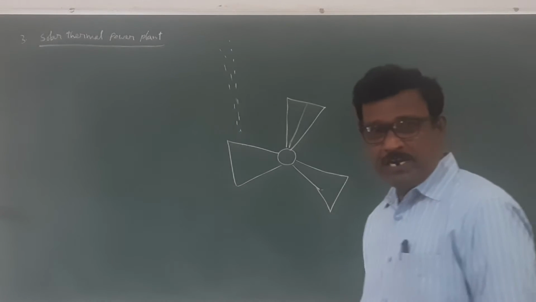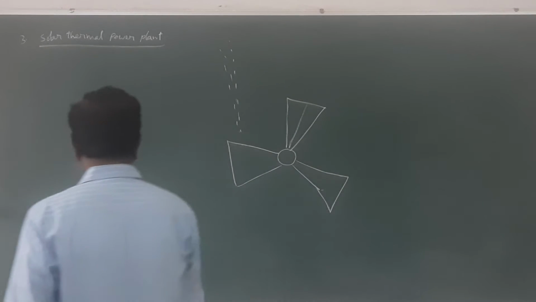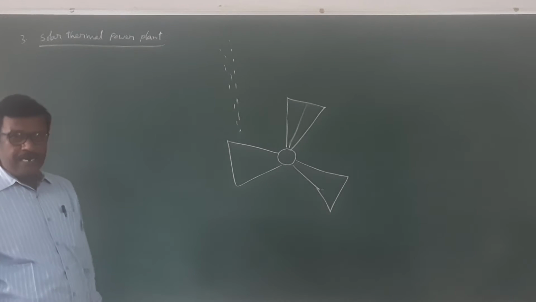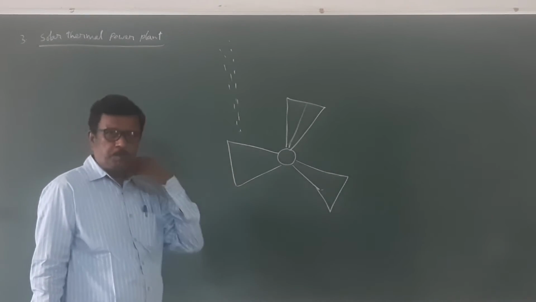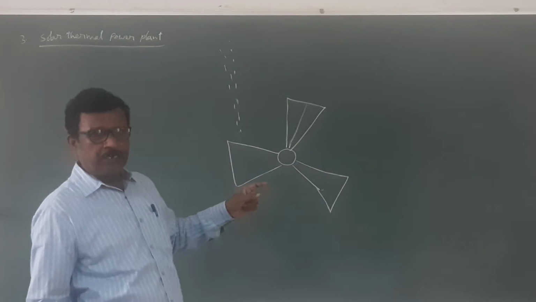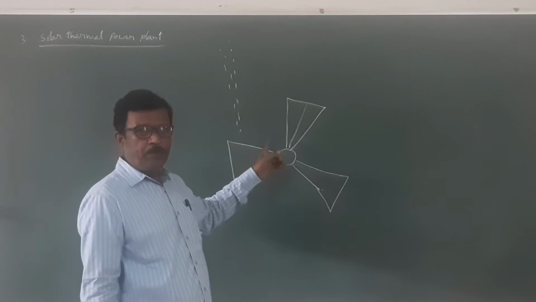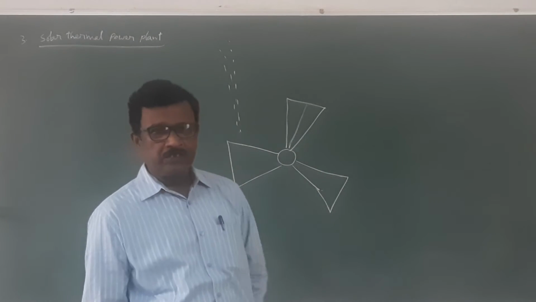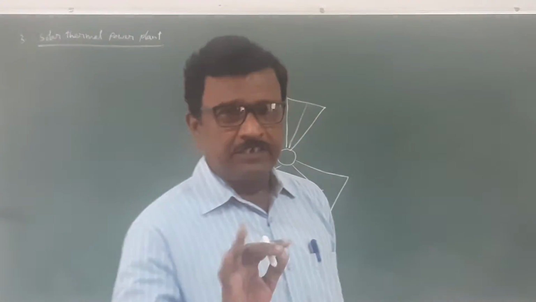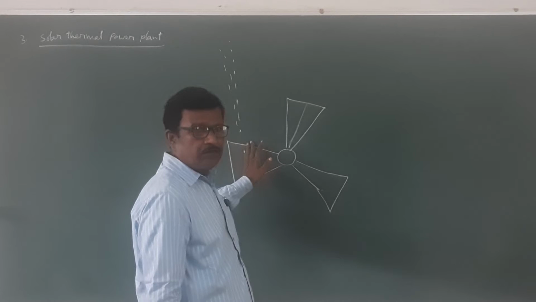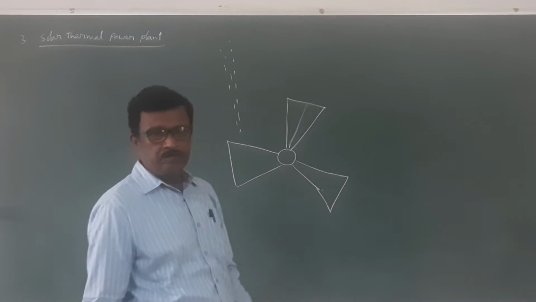In the case of nuclear power plants, nuclear fission reactions take place. Due to nuclear reactions, an enormous amount of energy is produced. Thereby, water gets heated into super steam, and that steam will rotate the turbine. In all these cases, whether it is hydroelectricity, water will rotate the turbine.